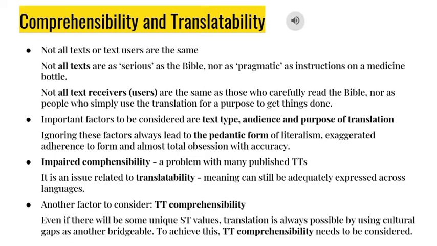And there is a problem with many published target texts, that is impaired comprehensibility, an issue related to translatability. What is translatability? It refers to whether meaning can still be adequately expressed across languages, regardless of differences in linguistic structure, such as grammar, vocabulary, and so on.